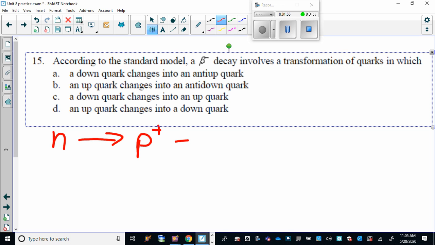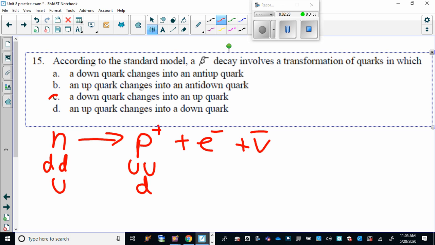A proton with a beta particle or an electron and an antineutrino, and a neutron is 2 downs and an up, and a proton is 2 ups and a down. So what happened? One of the downs changed to an up. Easy peasy. A down changed to an up. C.